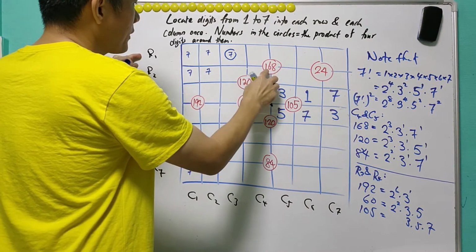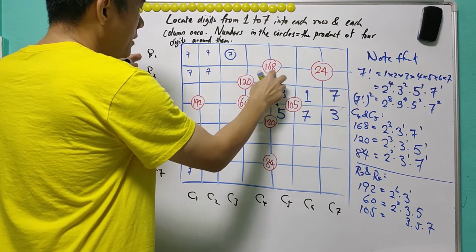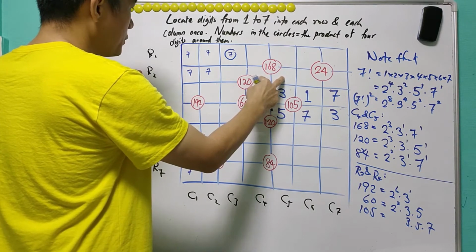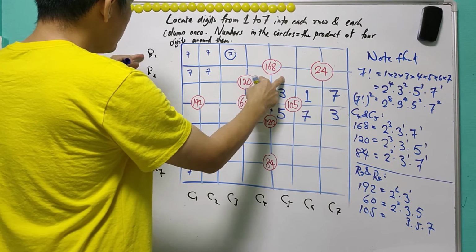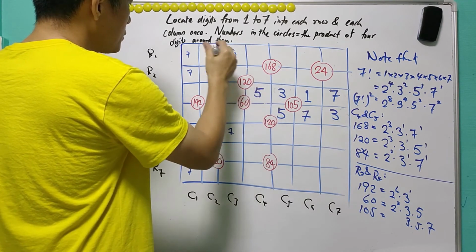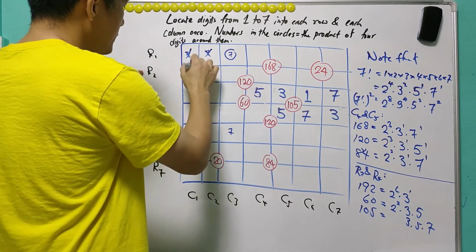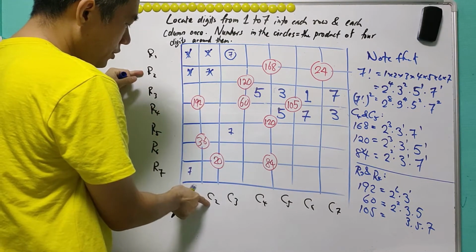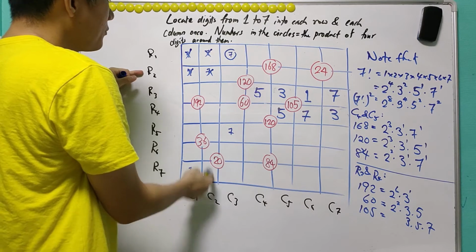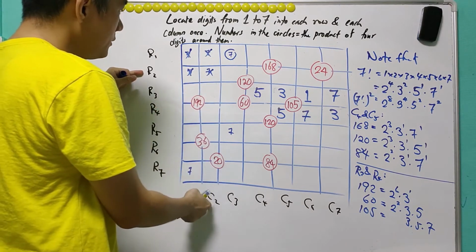Since 7 is a factor of 168, then there must be another 7 in R2. So this will mean that R1 and R2 already have 7, so you can't have 7 here. And this will contradict C2 because you can't find any 7 in R1 in C2.